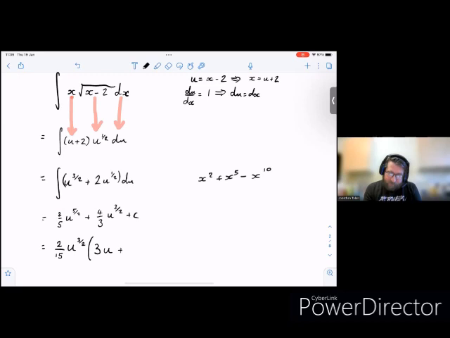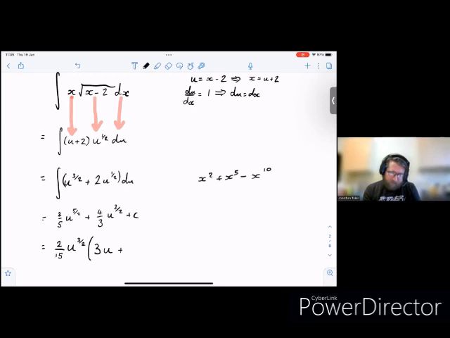Then we look at the second term there. In this second term, we want to have 4/3. Here we've got 2/15. So we're going to need to multiply it by 10. Is that right?